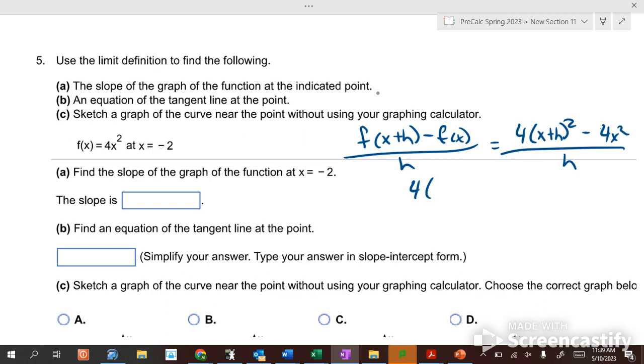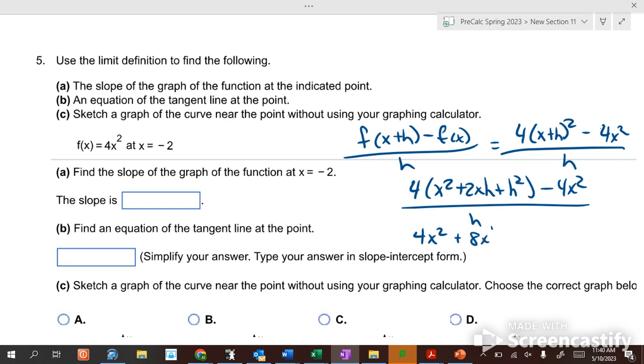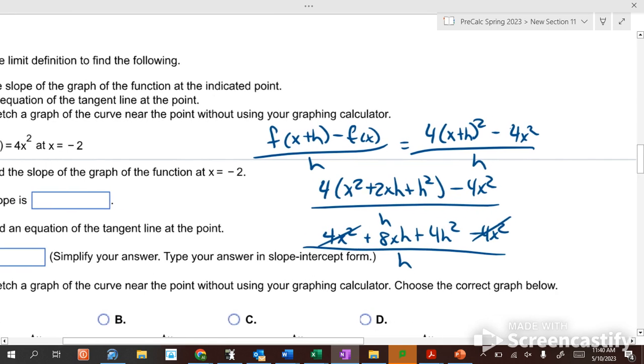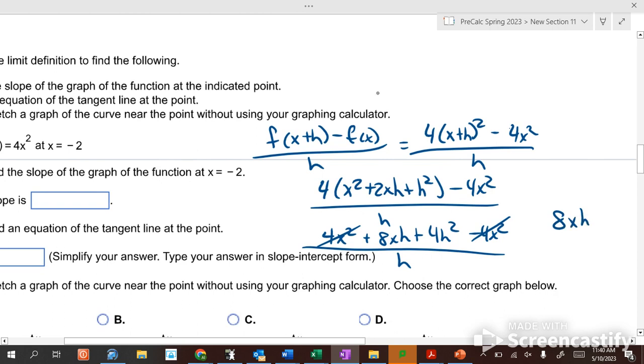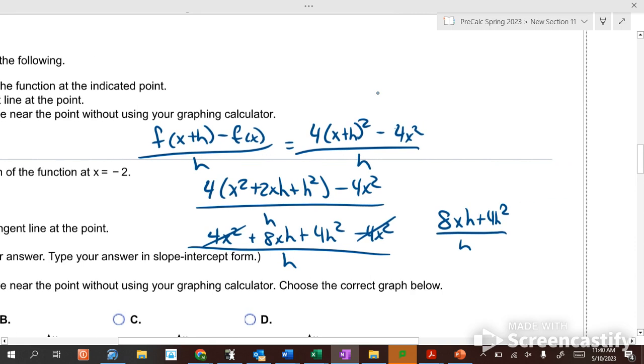So it's 4 times x squared plus 2xh plus h squared minus 4x squared all over h. So it's 4x squared plus 8xh plus 4h squared minus 4x squared all over h. The two 4x squareds cancel. So I get 8xh plus 4h squared over h, which is 8x plus 4h.